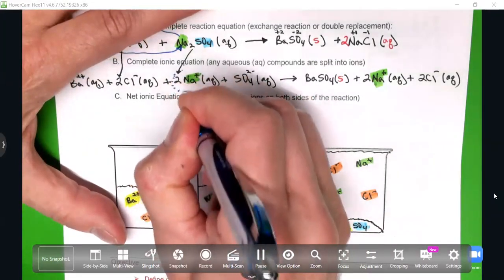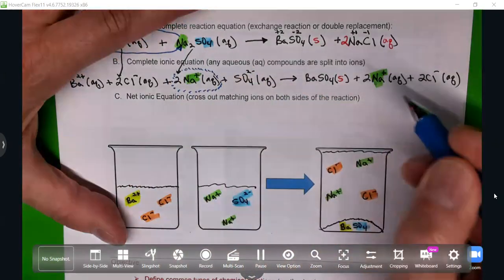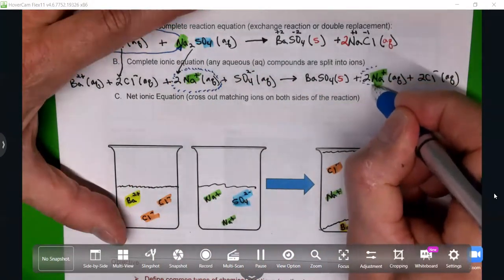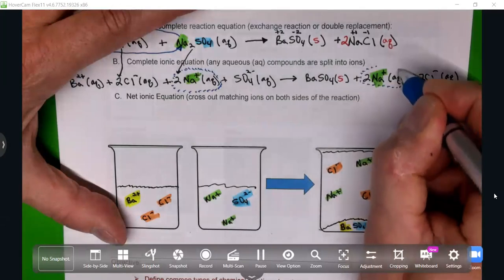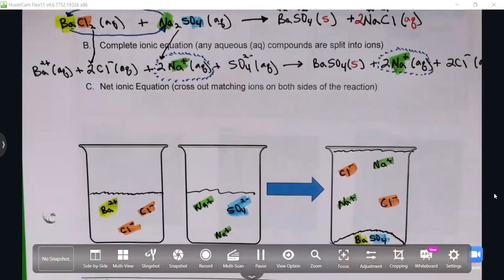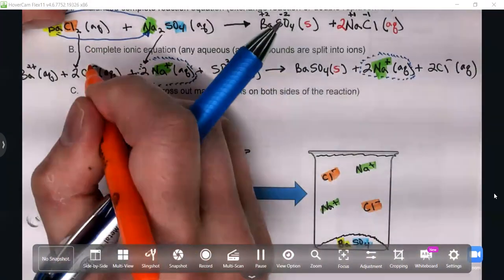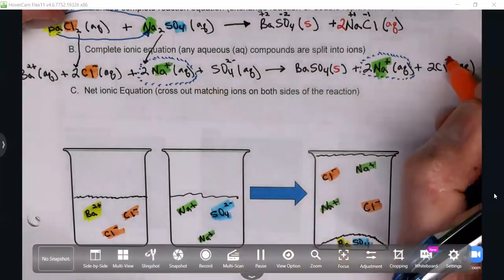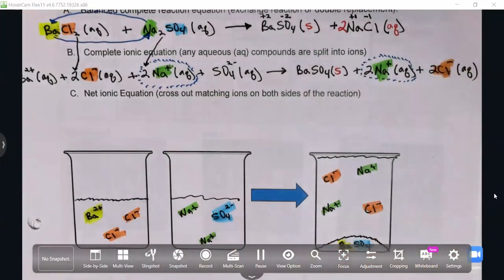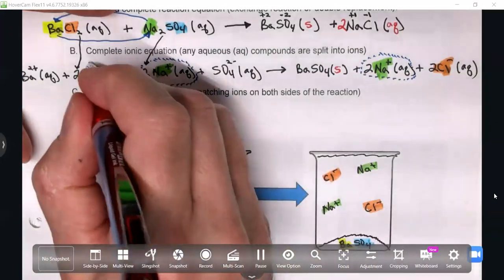So I just do a dash circle typically like this to see that it matches. This matches. Exactly the same on both sides. And then the chloride, and here's my chloride.